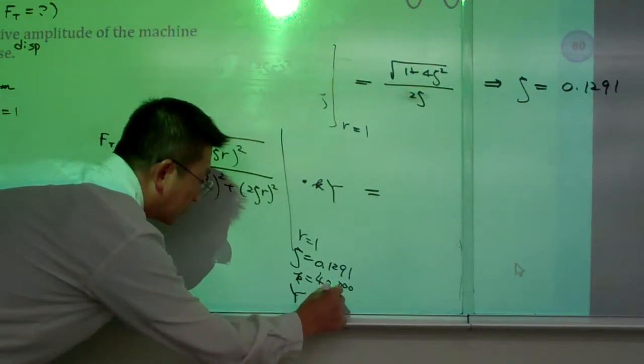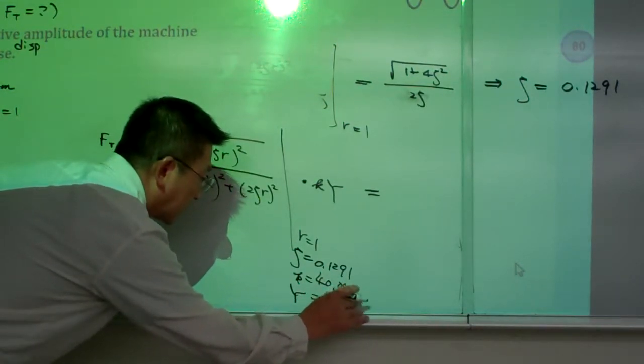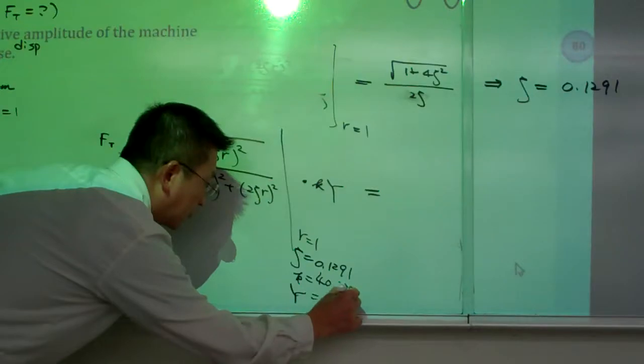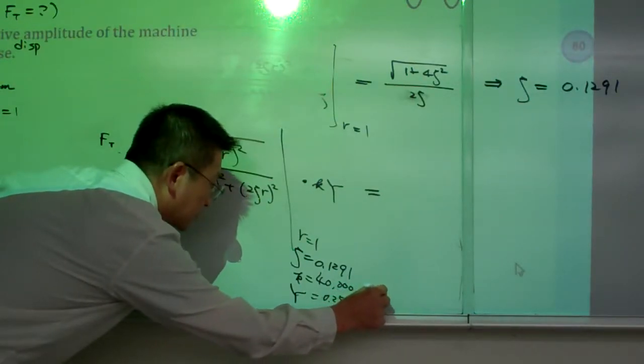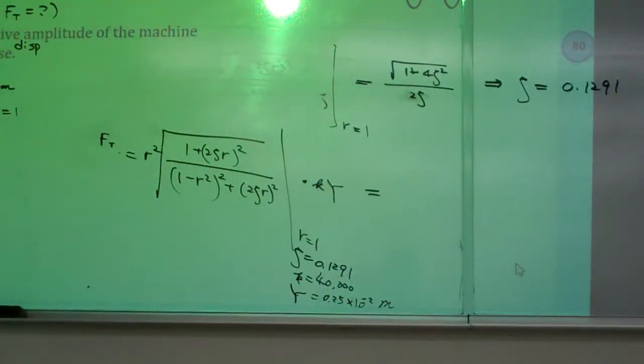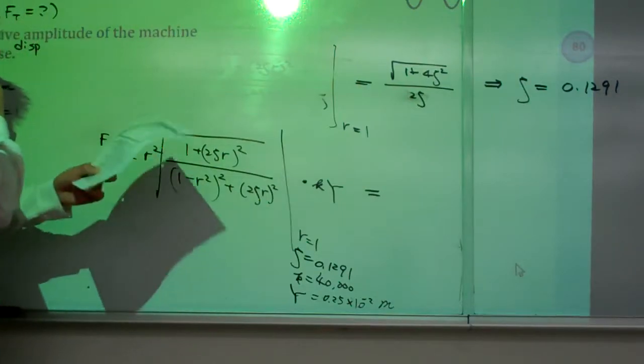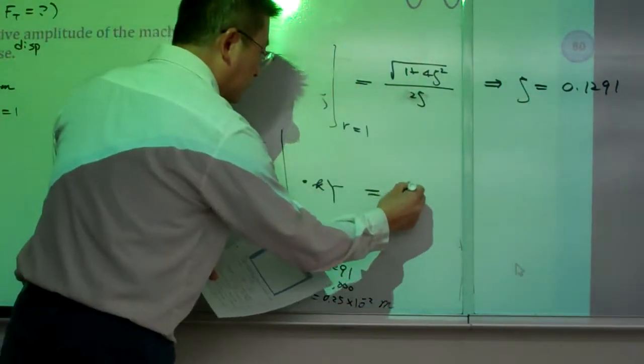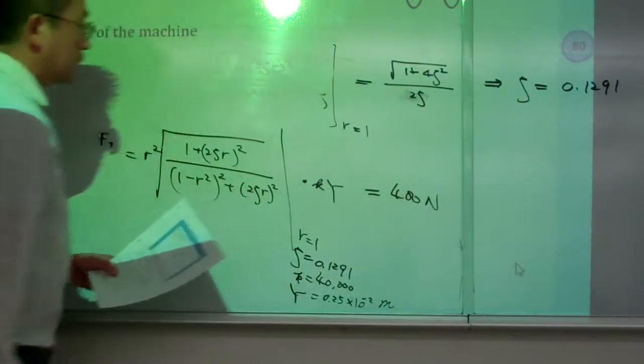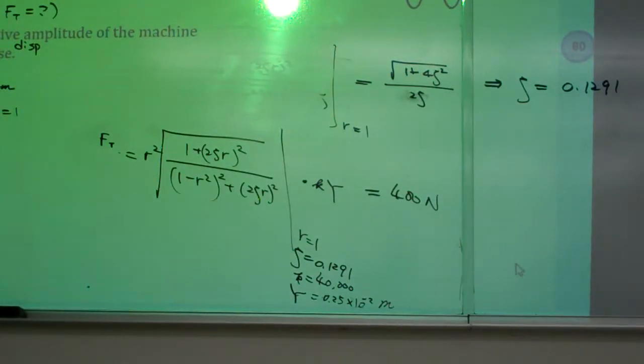So 0.25 multiplied by 10 to the minus 2 meters. So basically we convert everything into meters and newtons, counting the units. So plug in everything here, and that should be equal to 400 newtons if you do this carefully.